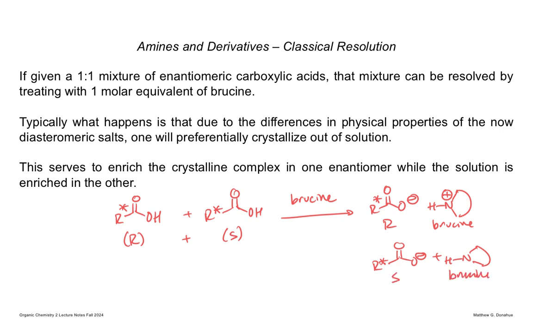And that mixture now is diastereomeric. And that's going to allow you to separate them, because typically what will happen is one of those diastereomers will be crystalline, and the other typically remains in solution from the reaction.